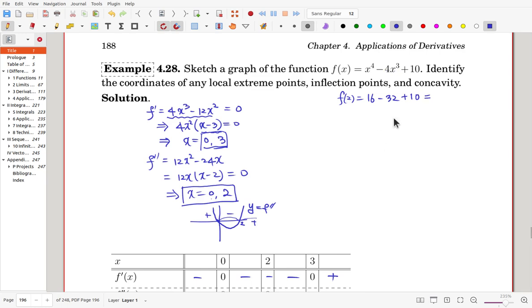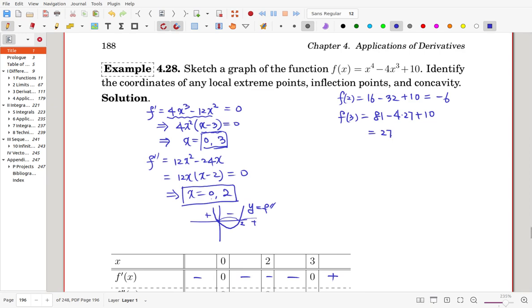Okay, f of 2 is now 2^6 minus 32 minus 6, and f at 3, the value is now 81 minus 4 times 27 plus 10.